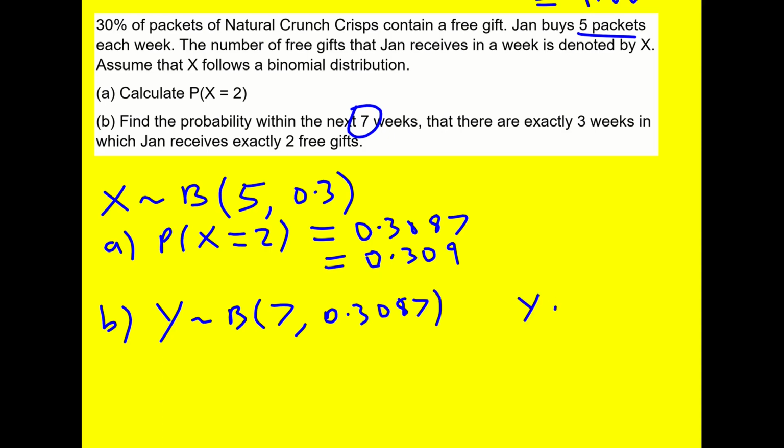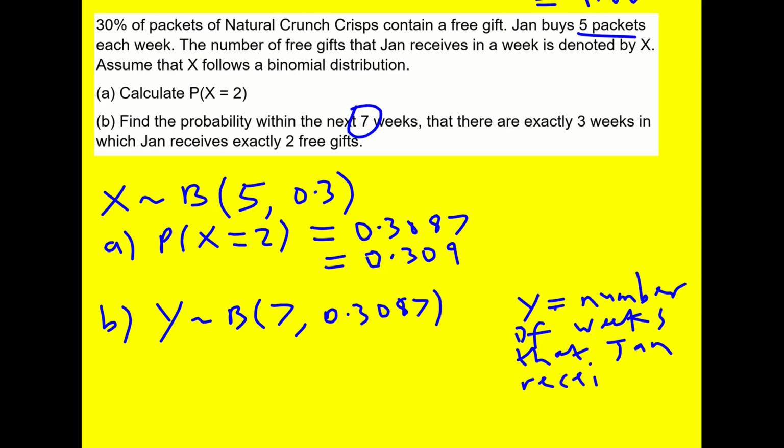So Y equals number of weeks that Jan receives 2 free gifts. Okay, because then we're interested in the probability that, oops, I was about to write X, the probability that Y equals 3.